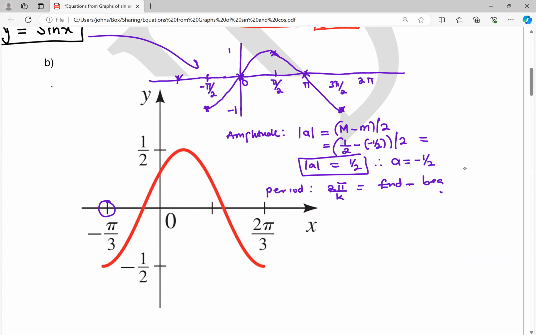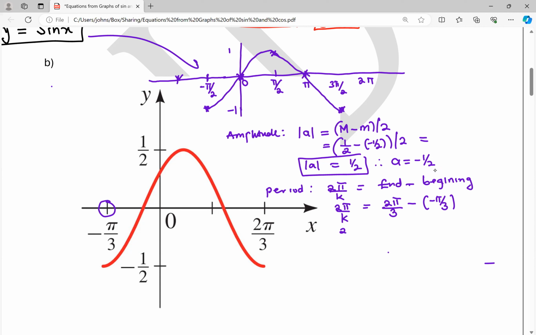So we need to know what is the end and what is the beginning. So what is the end? The end is 2 pi over 3. And the beginning is minus pi over 3.